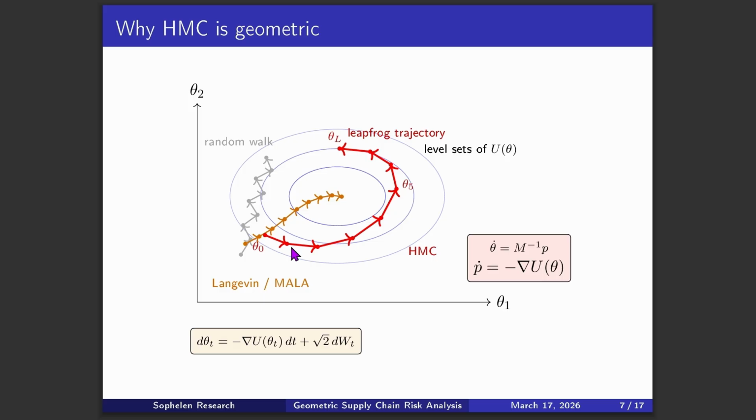But what we want is to explore the distribution, not just give us the one that is most plausible, but actually give us a distribution of parameters. And combining with leapfrog, it provides us an algorithm that's actually very, very efficient, where the acceptance rate is extremely high.